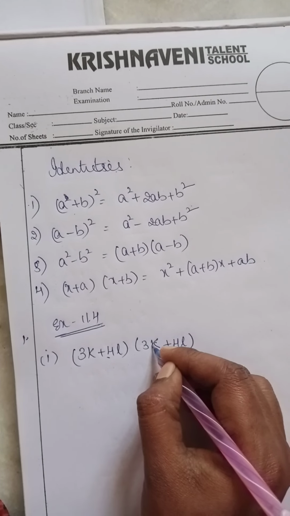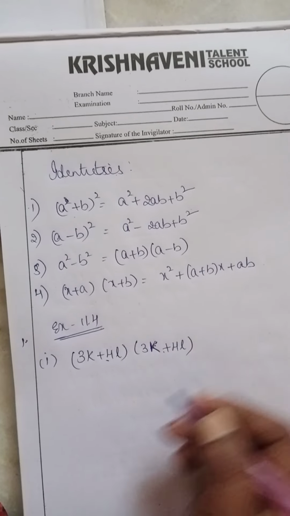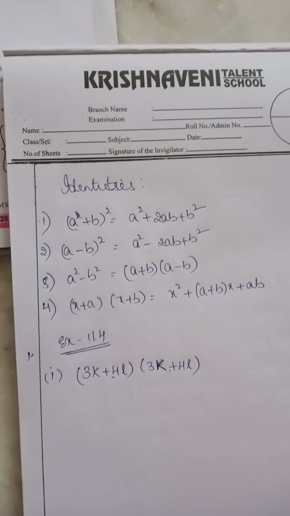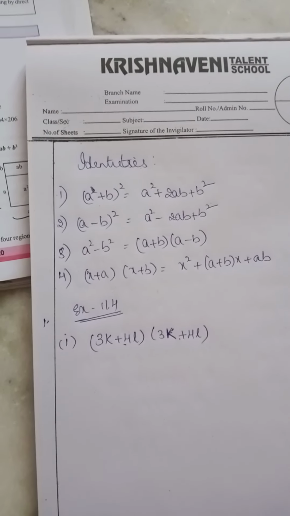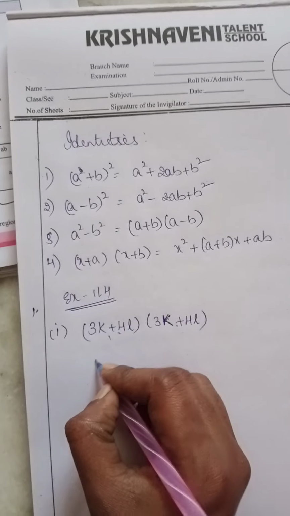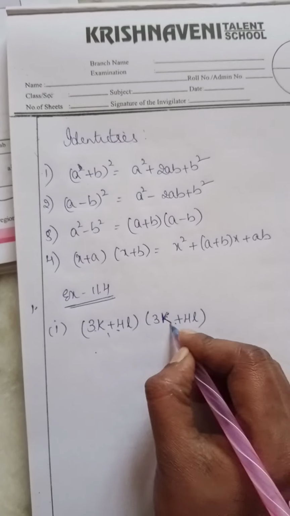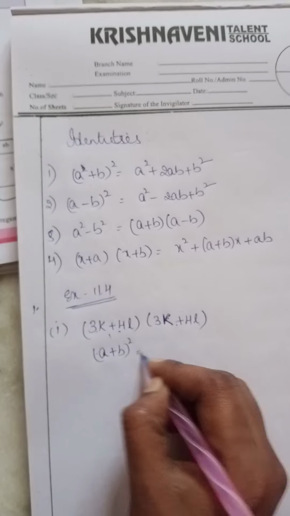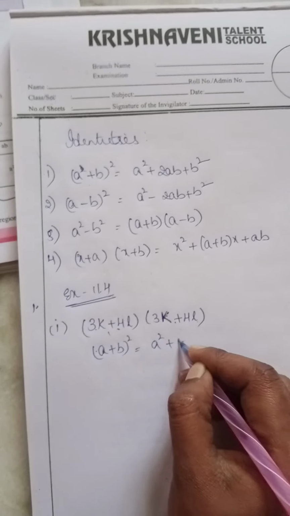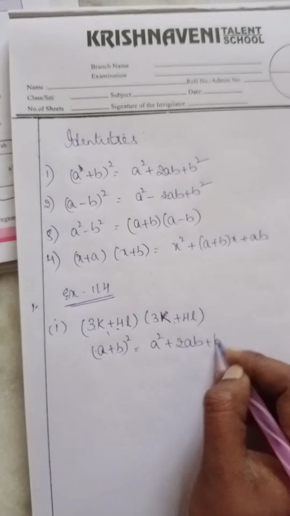You have to solve this one. How can you solve? Tell me. If you write this in the form of (a plus b) and here also (a plus b), then (a plus b) whole square is nothing but a square plus 2ab plus b square.